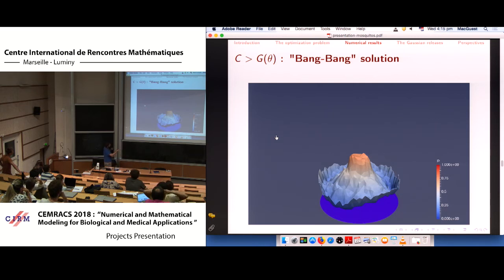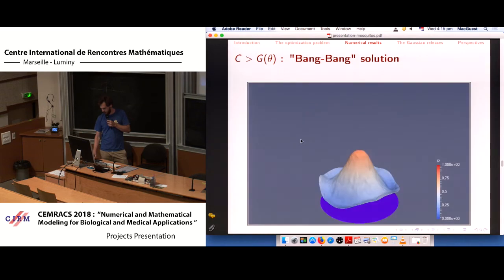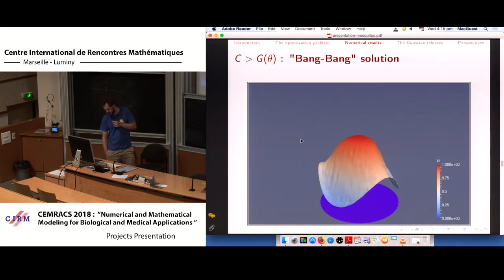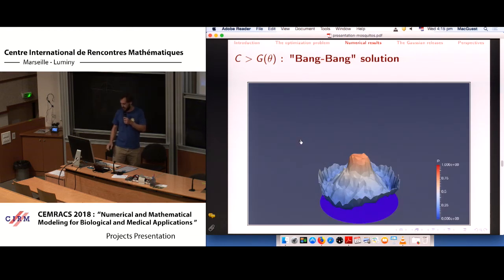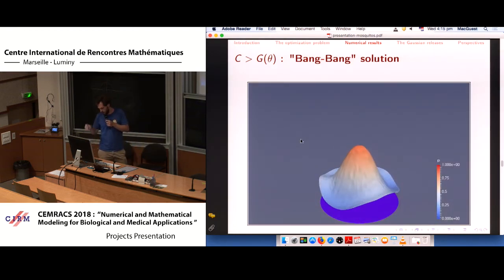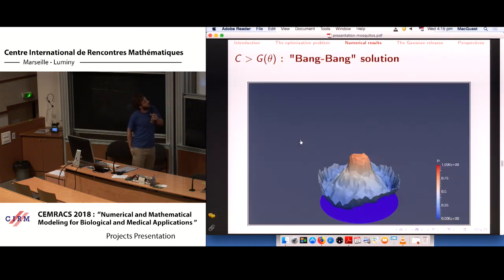And it ends up finding something similar to an indicator function, except that again it increases it on the boundaries. But the behavior is actually fairly different, because first it increases in the middle where there's the release, and then you have this sort of traveling wave that goes and invades the whole of the domain.